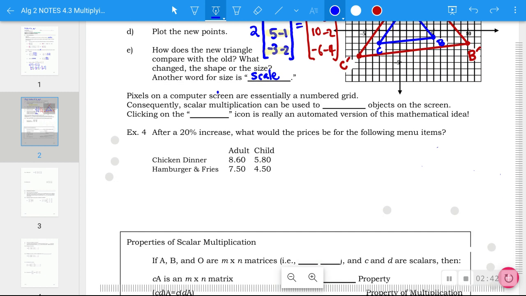Now this is used all the time. You use it on your cell phones when you either pinch or spread to make an image bigger or smaller when you resize an object. Sometimes you click on some sort of zoom icon.